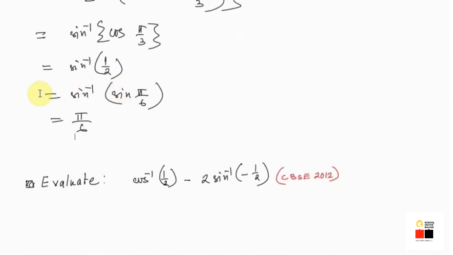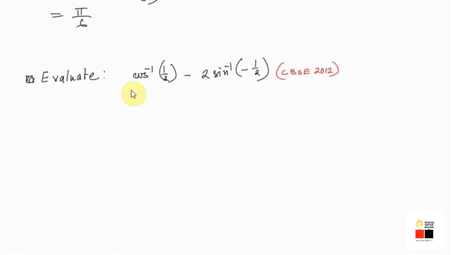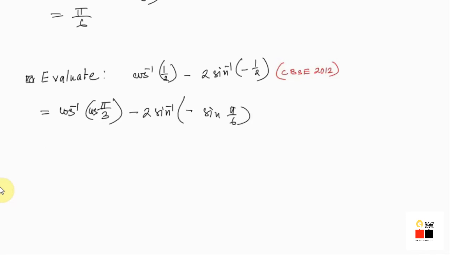Next problem is cos inverse 1 by 2 minus 2 sine inverse minus 1 by 2. Cos inverse 1 by 2 means cos pi by 3, minus 2 sine inverse minus sine pi by 6.